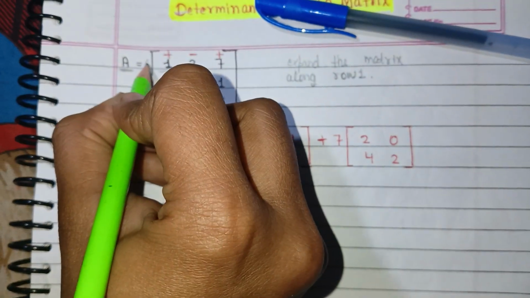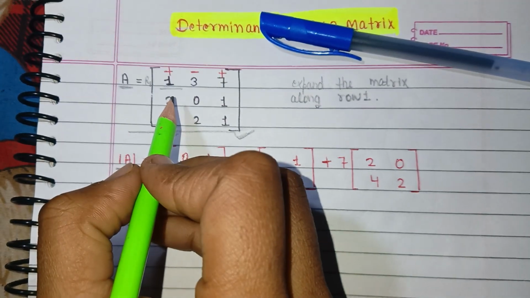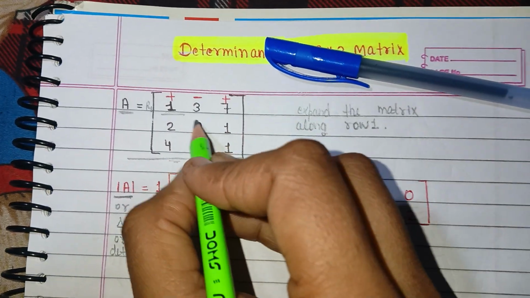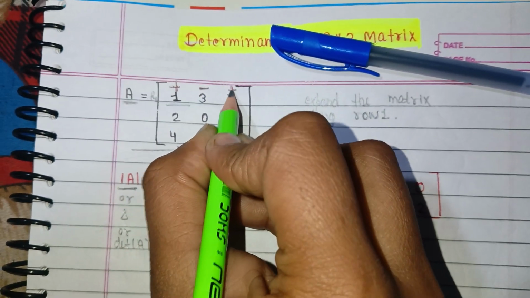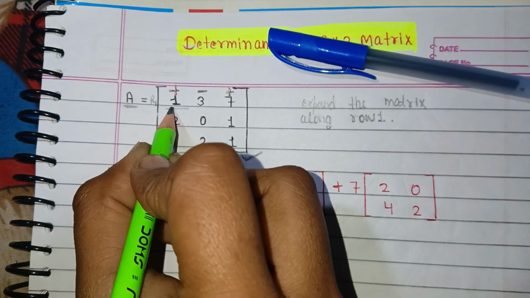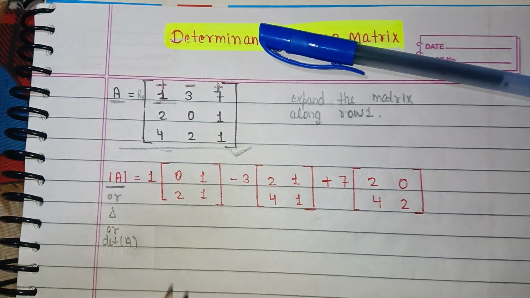This is row 1. Just mark the signs plus, minus, plus. Okay, and start with this one and write 1.